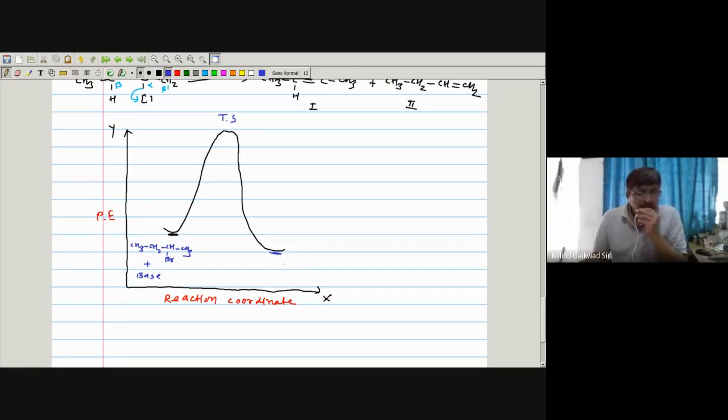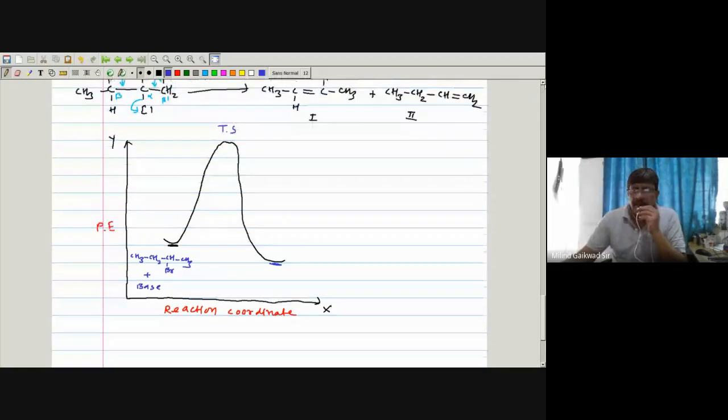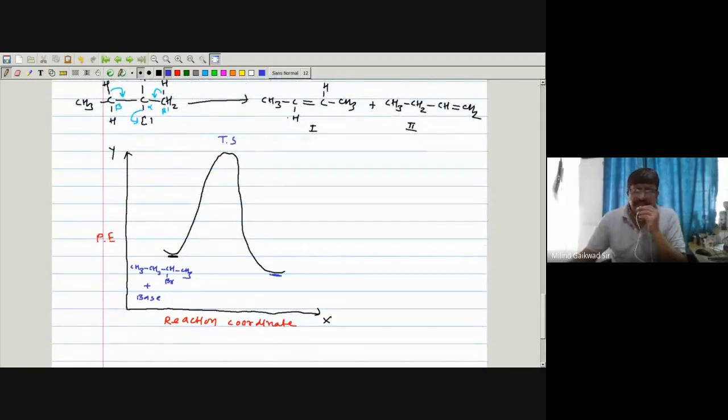Now here we have to check the formation of the product. It is seen that if there is a formation of compound number 1, here it is disubstituted, right? So its stability is more.